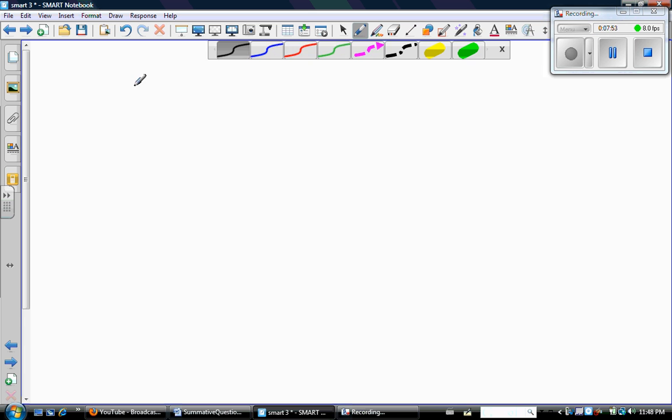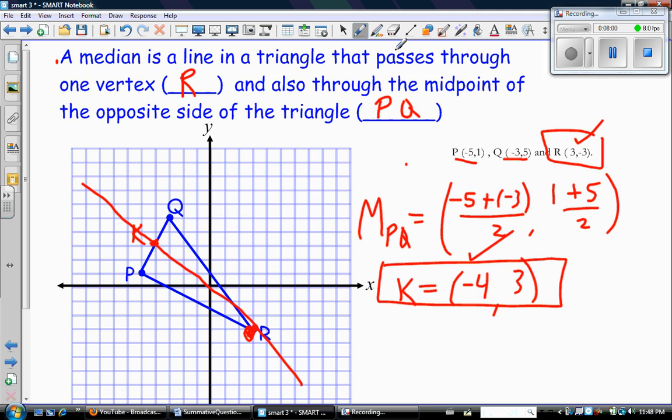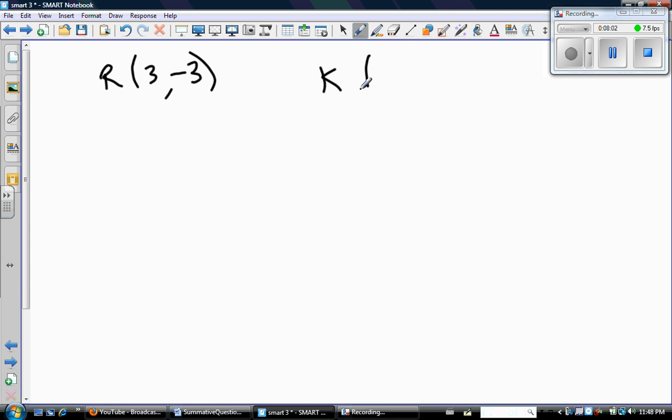So I have R at 3, -3, and I have K, make sure I get it right, at -4, 3. And to find the equation of a line, you always start by finding slope. Slope formula.